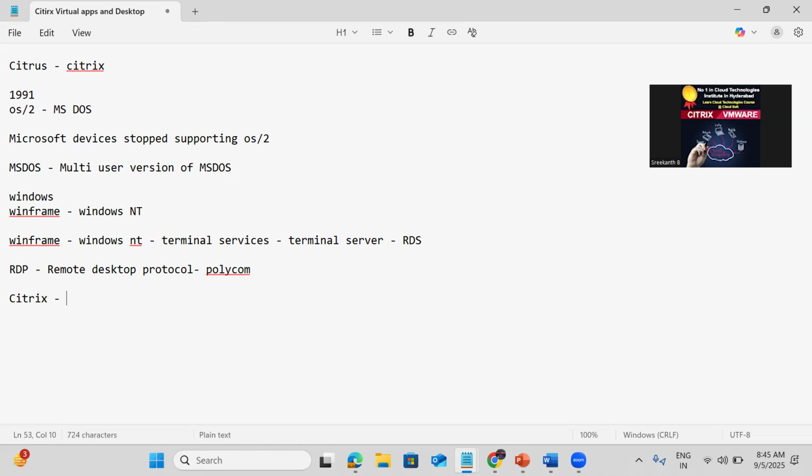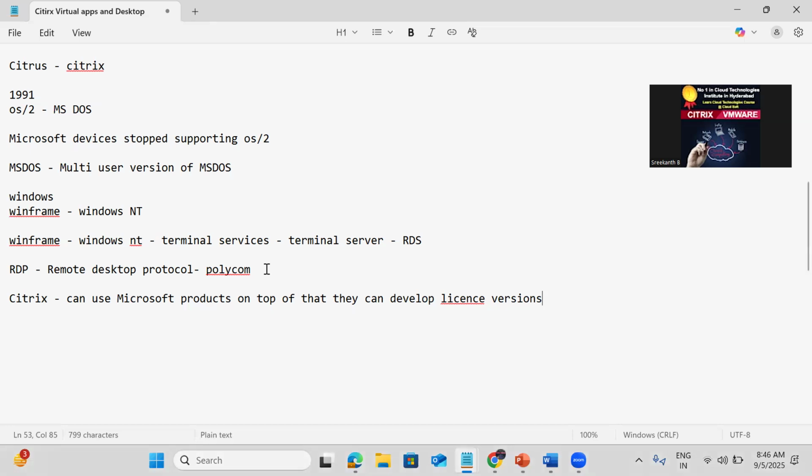But Citrix kept one condition to give WinFrame. The condition was that Citrix can use Microsoft products and develop licensed versions on top of them. In order to give WinFrame completely to Microsoft, the condition Citrix kept was that Citrix can use any of the Microsoft services.